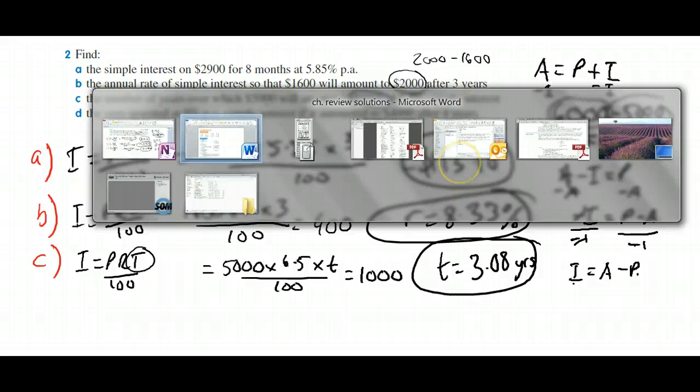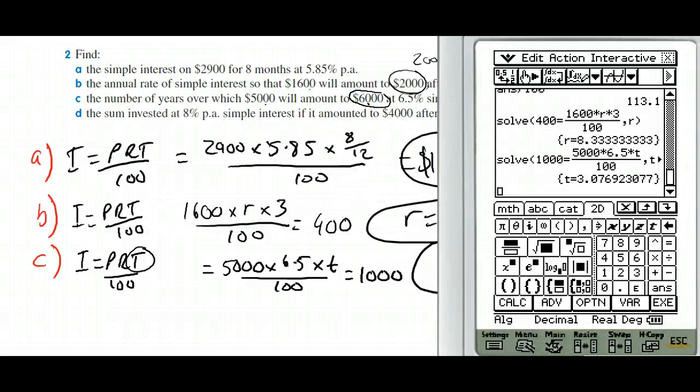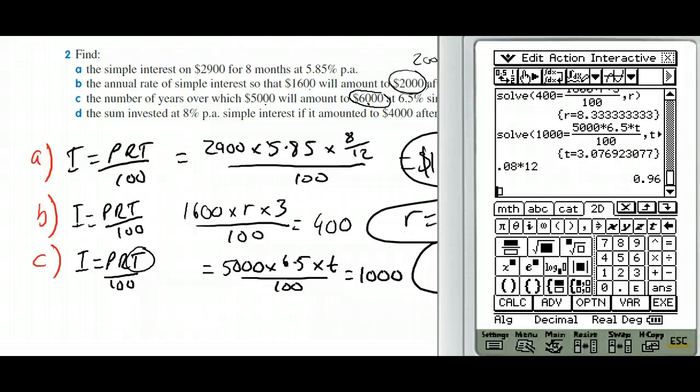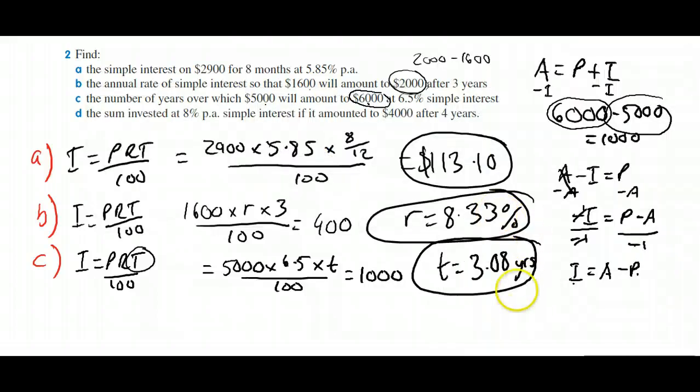And generally we like to give answers in terms of years and months, so 3 years is okay, but the 0.08 we need to turn into months by multiplying it by 12, and we get 0.96, which is 1 month. Okay, so 3 years and 1 month.